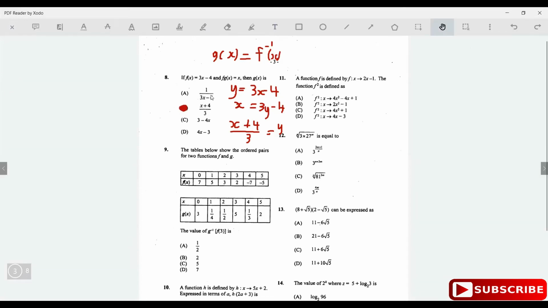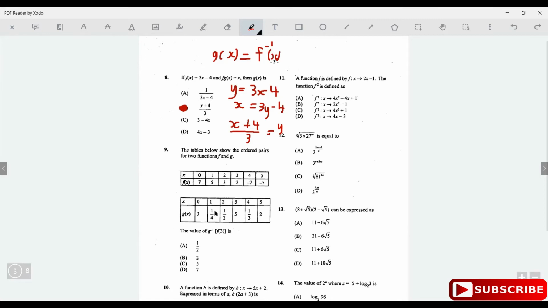Nice. All right. Now the next question says the tables below show the set of ordered pairs for two functions, f and g. So this table is for f, and this table is for g. And they say find the value of g inverse f of 3.